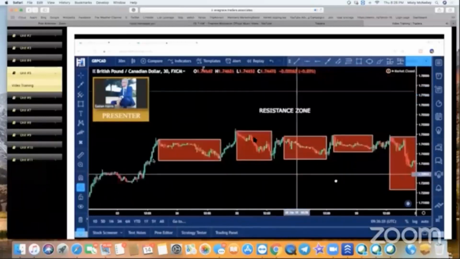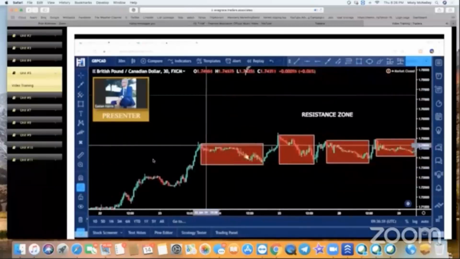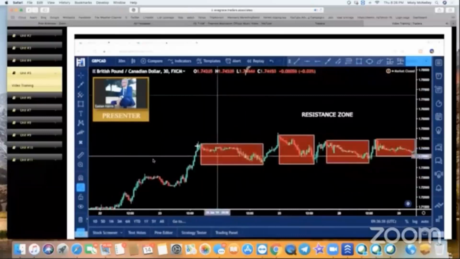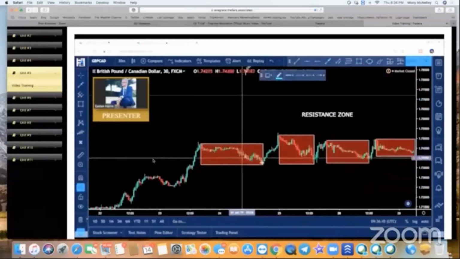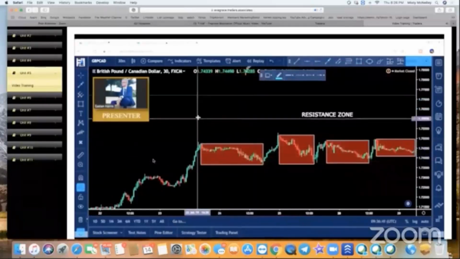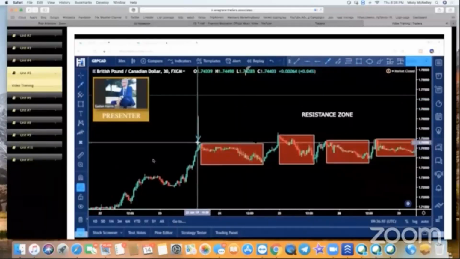So if we come in here and we zoom in a bit, this move, where does this move originate from? What is the highest point that price went before it kicked in to this bearish move? And that point is this wick right here.